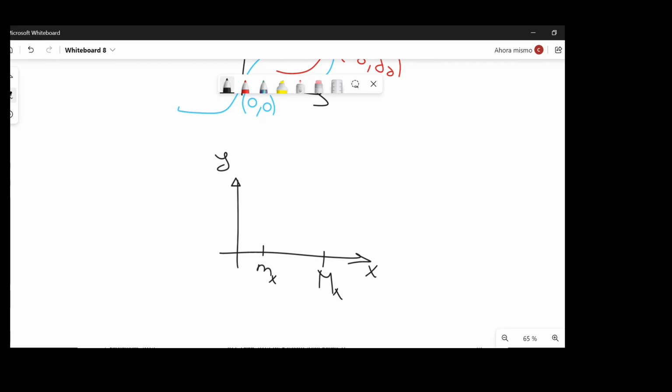And then I want to map it onto a range that has a minimum of y and a maximum of y. So what is the equation of this transformation? My input is defined here, and I want the output to be defined there.